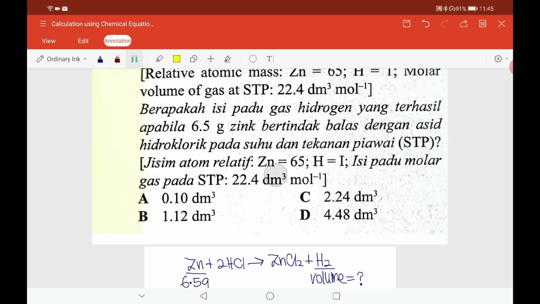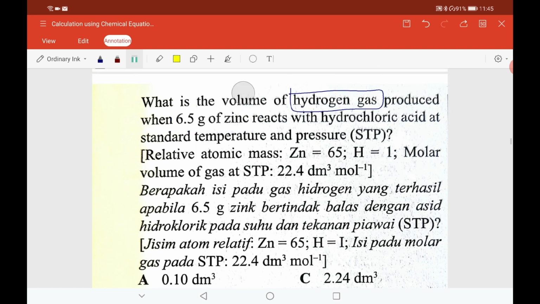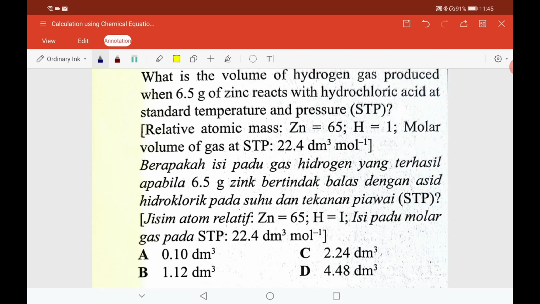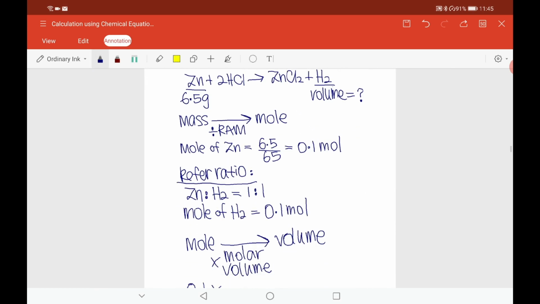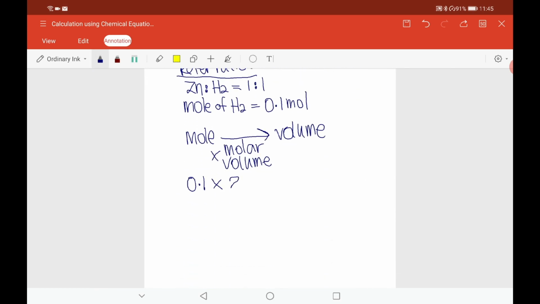Look at the question here. The question says the molar volume is 22.4. So we just put in 22.4. When 0.1 times 22.4, we get 2.24.